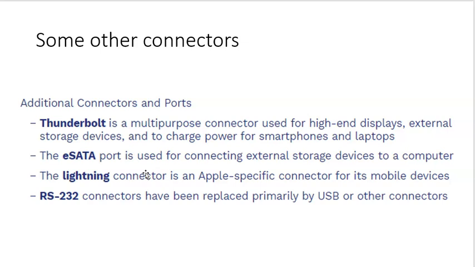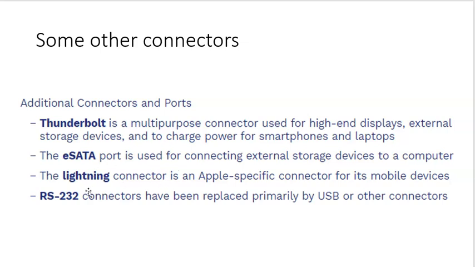I've got an eSATA port in the classroom that I can show you, but nobody uses those anymore because if you've got USB 3 or better, then your speed is going to be higher than eSATA anyway. The Lightning connector is something that Apple uses. It offers a lot of different connectivity, and it also offers high-speed charging of your devices.